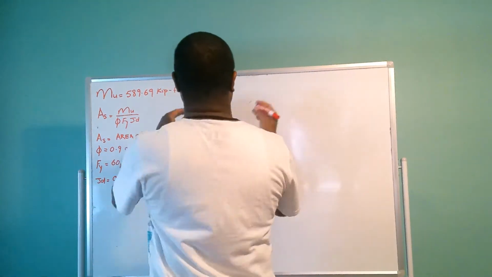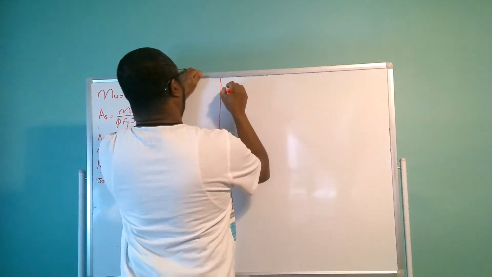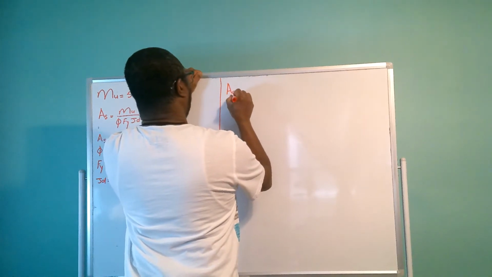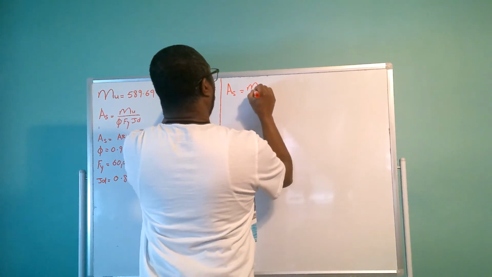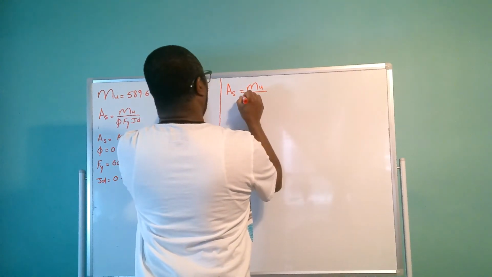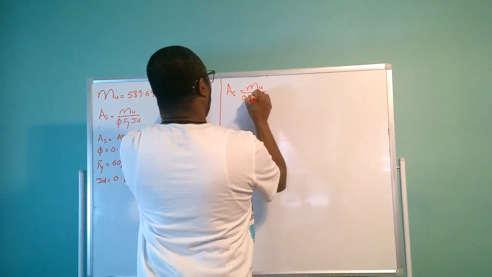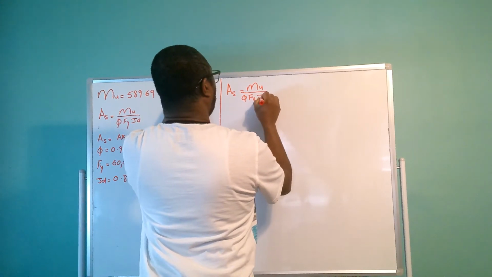So the area of steel, and let me rewrite the formula for clarity. The area of steel is AS equal to Mu over phi Fy JD.